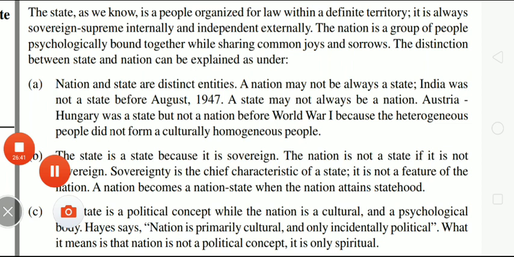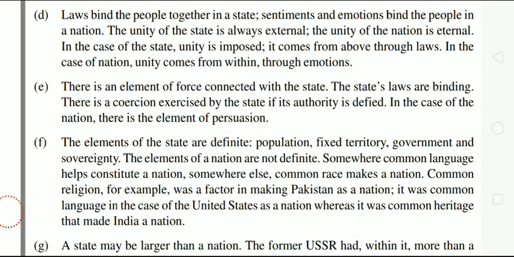In the case of nation, unity comes from within through emotion. E. There is an element of force connected with the state. The state's laws are binding. There is a coercion exercised by the state if its authority is defied. In the case of the nation, there is the element of persuasion.